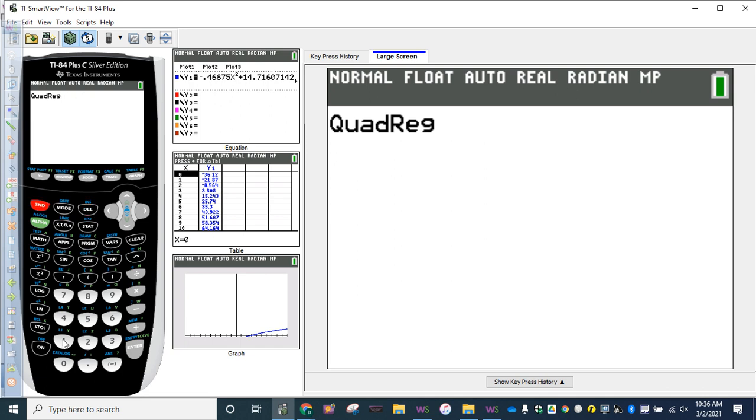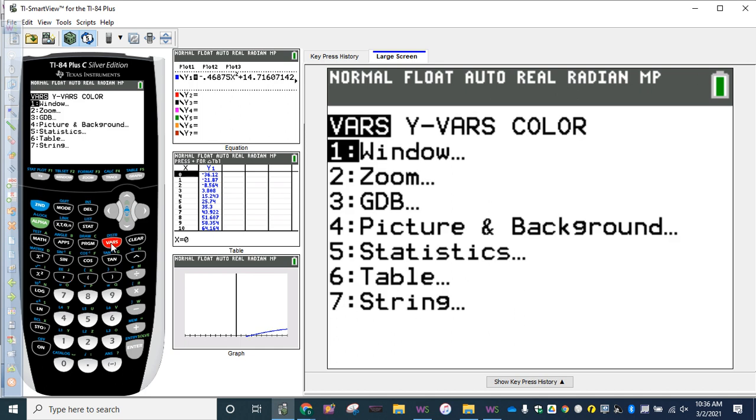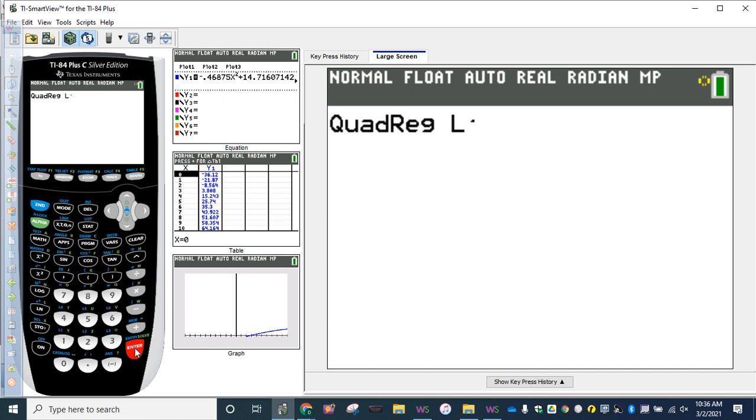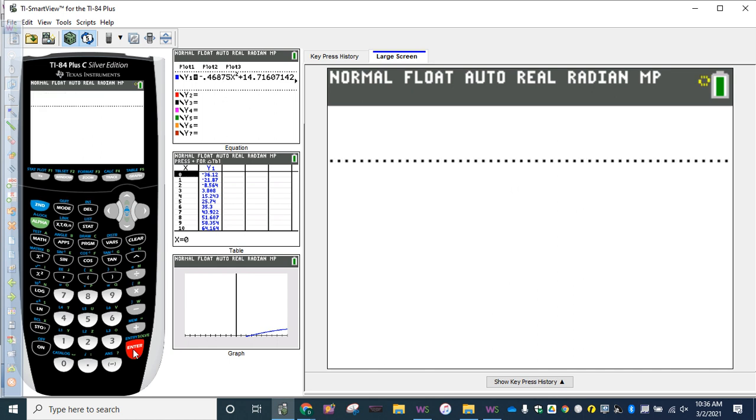Second, number 1, comma is above 7, second, number 2, comma is above 7, and then to the vars, Y vars thing. So vars by the down arrow, right arrow to Y vars, function enter, Y1 enter, and then enter. Okay, so this is our equation we want.